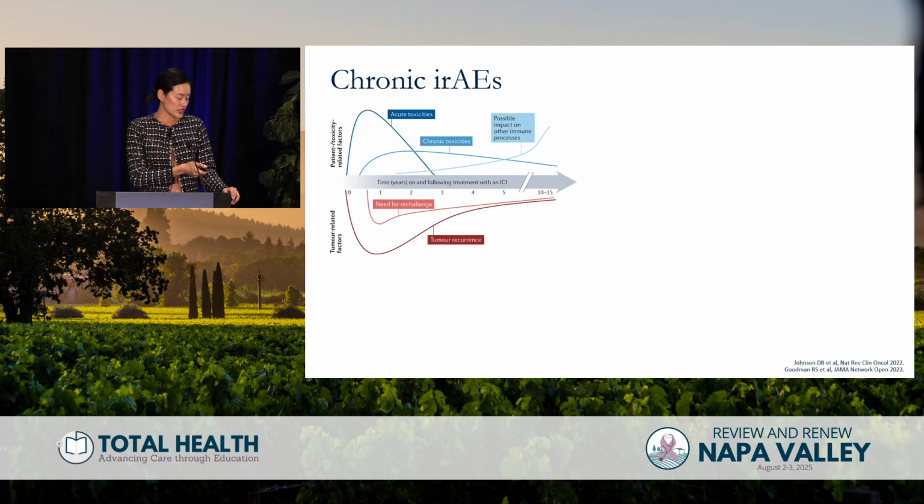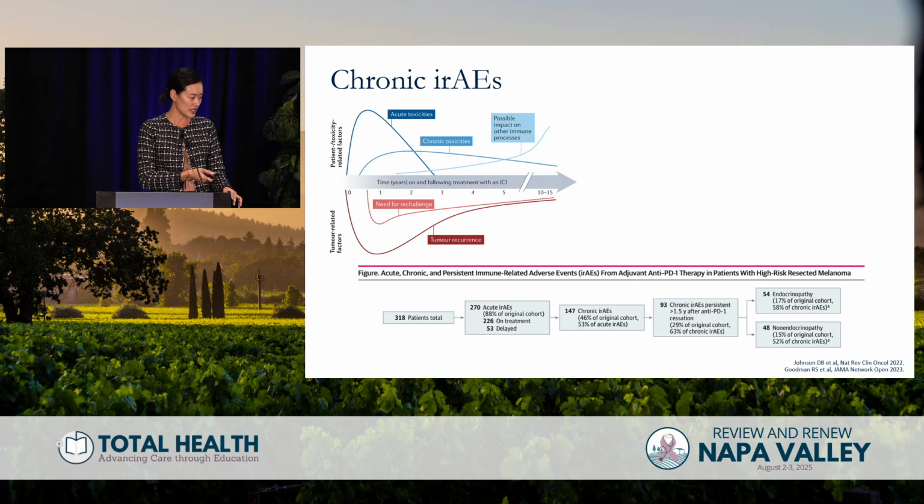As we increase survivorship for our patients, this puts increased recognition on chronic IREs and brings this issue into the forefront. The study looking at patients treated in the US and Australia was published a couple of years ago, and recently updated at ASCO.